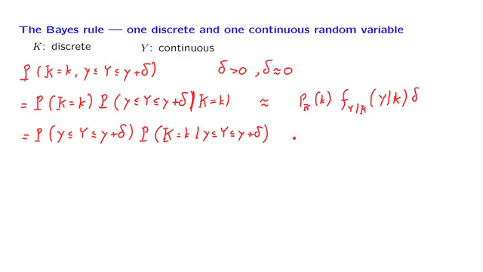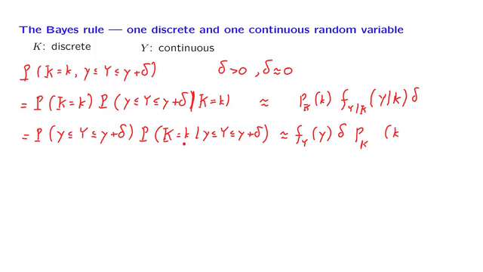Let us do a similar notation change for the second expression. Here we have the unconditional probability that Y takes a value inside the small interval, and when delta is small, this is approximately equal to the PDF of the random variable Y times the length of the interval. And what do we have here? The probability that a discrete random variable takes on a certain value corresponds to the PMF of that random variable.